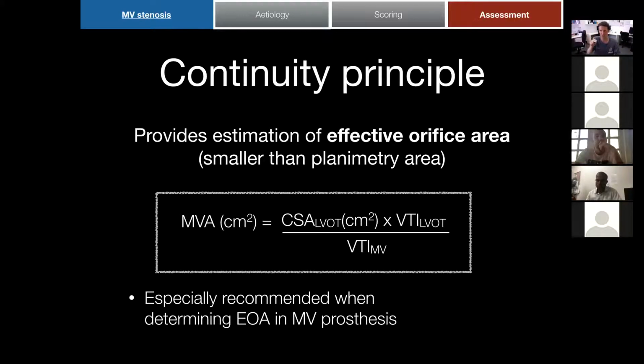Especially if you're assessing a mitral valve prosthesis, or doing it in the critically ill, this one's an important one to look at. So again, it's the LVOT VTI, LVOT diameter, divided by the VTI of the mitral valve that gives you the mitral valve area. When is this not great?